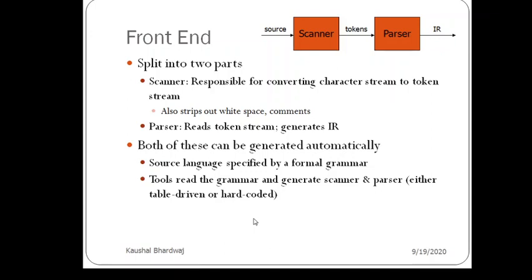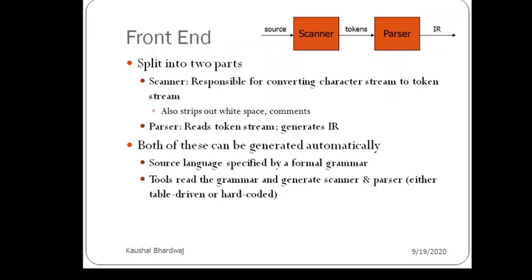So let us see what happens in the front end. What are the phases which can be considered in the front end? We are saying the front end is divided into two different phases. One is a scanner and another is a parser. The task of the scanner is to convert the character stream into token streams.